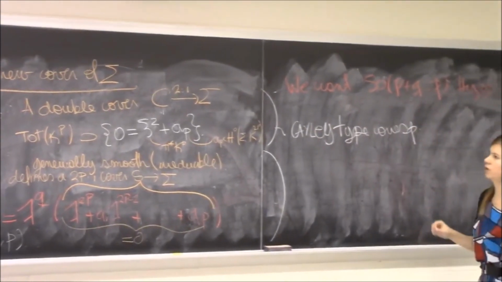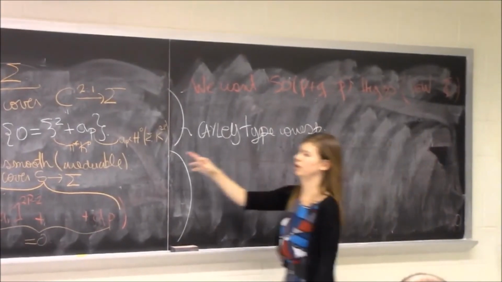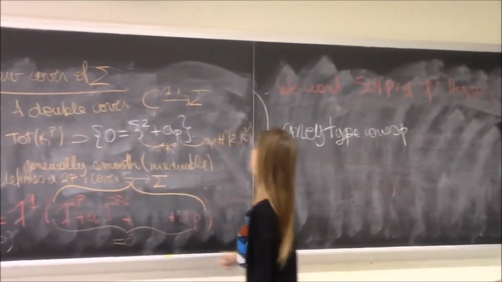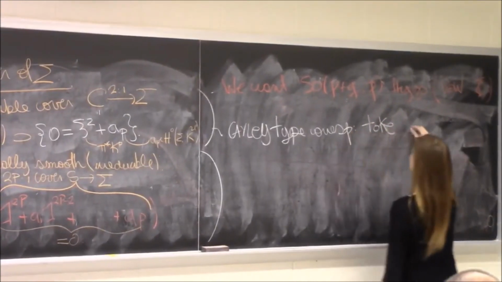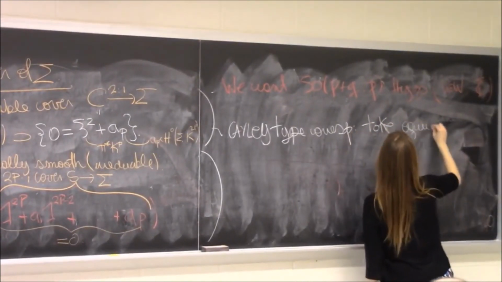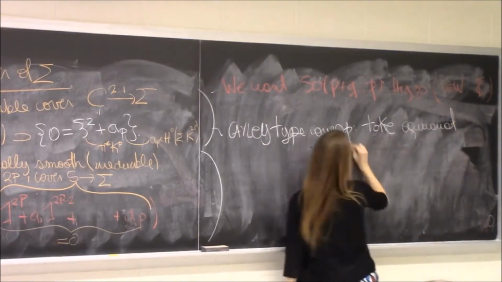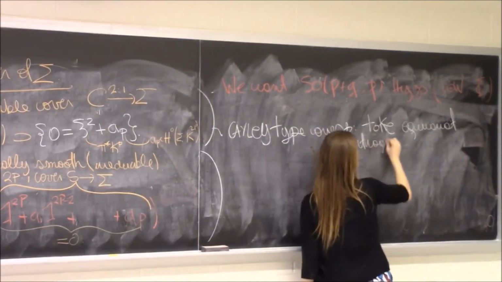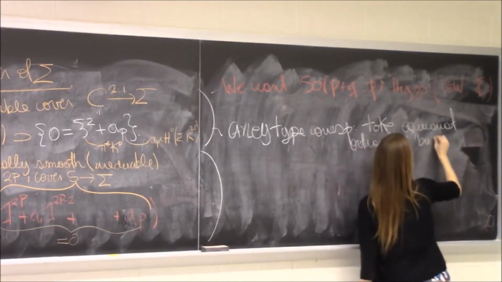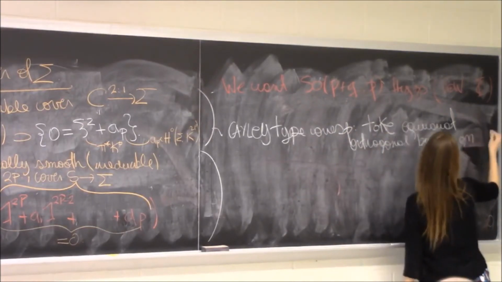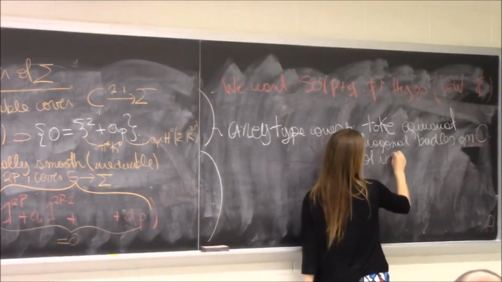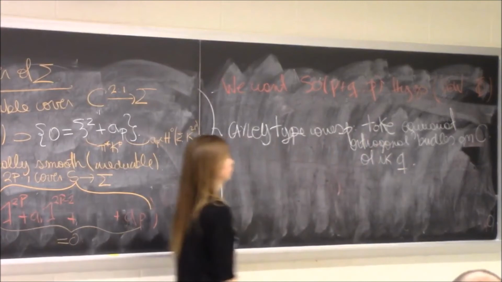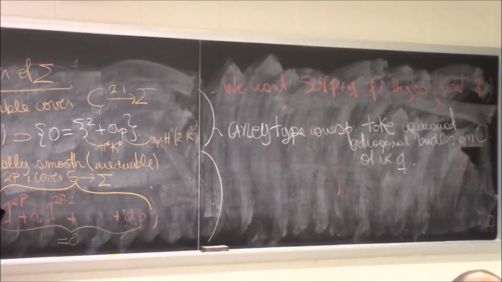What we're going to do is take bundles which are on this curve C. We're going to take equivariant orthogonal bundles on C. And these equivariant orthogonal bundles of rank Q, the information they will be carrying is the 0 eigenspace.